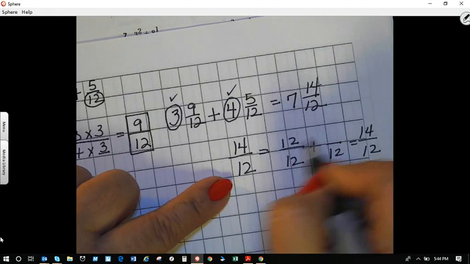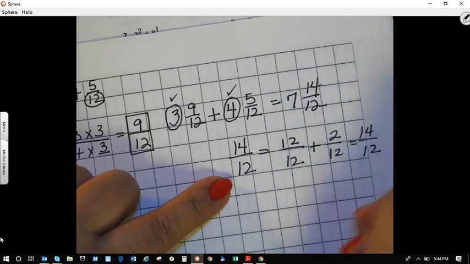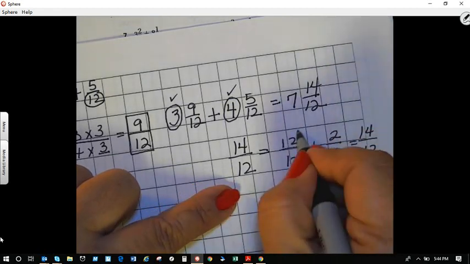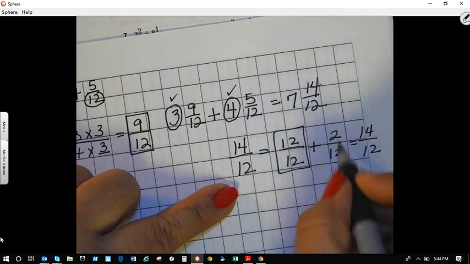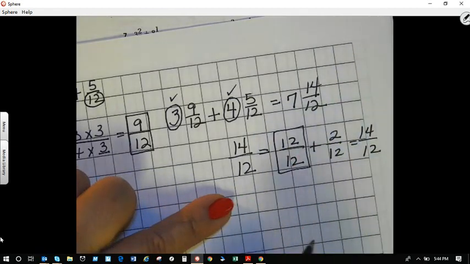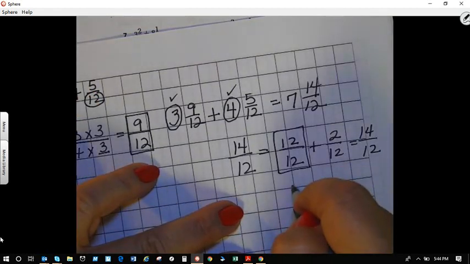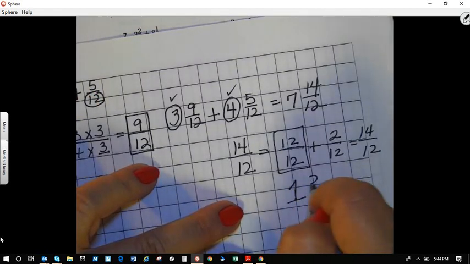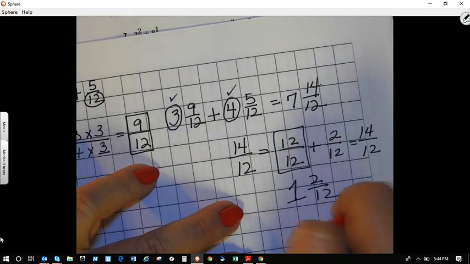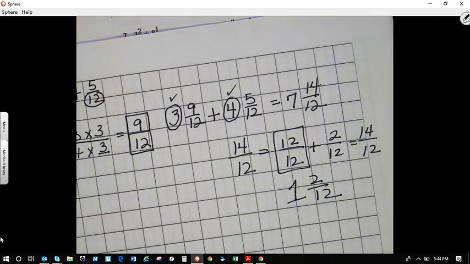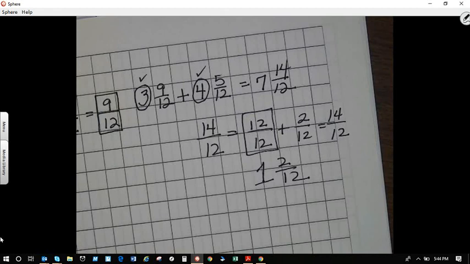Well, 12 plus 2 equals 14. So I know that I'm going to have 1 whole plus 2 twelfths. So now this is going to be 1 and 2 twelfths. Does that make it a little bit easier?